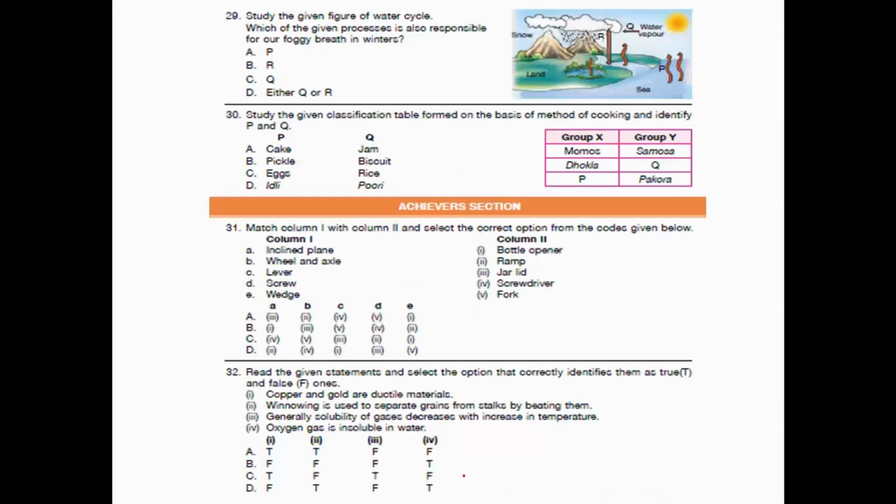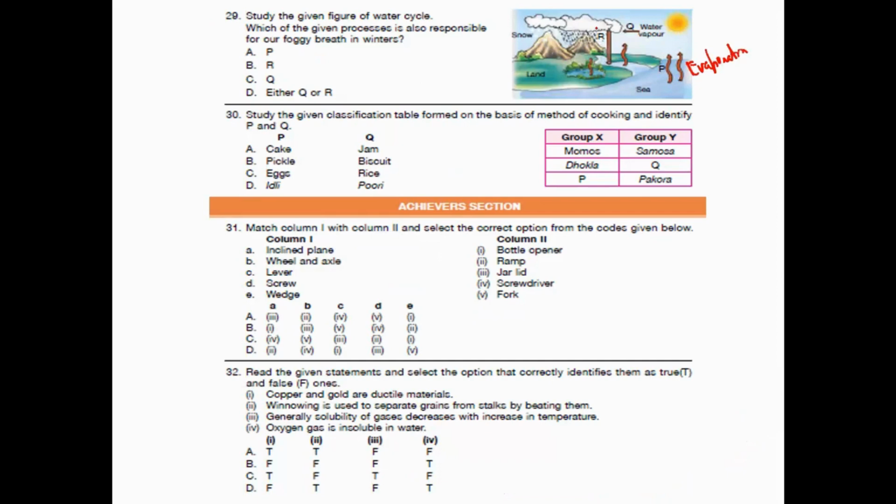Coming to the next question, question number 29, it says, study the given figure of water cycle. Which of the given processes is also responsible for our foggy breath in winter? So here we can see the sun is there. P is evaporation, right? After evaporation, the water vapor is forming the clouds.